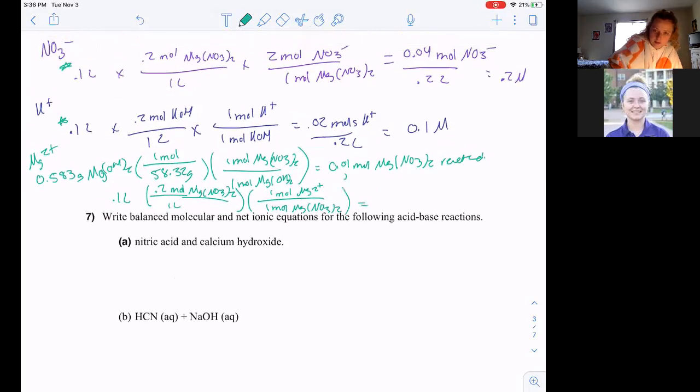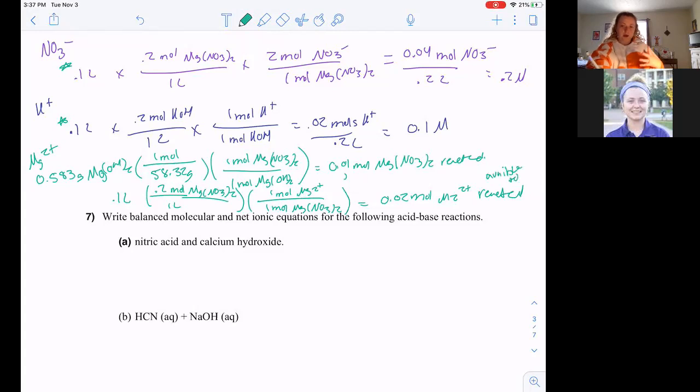That's going to be 0.02 moles of Mg2 plus. And then what you have to do is take 0.02 moles minus 0.01 moles, because this is how much is available to react. So you subtract 0.01 moles to get 0.01 moles of Mg that's unreacted.